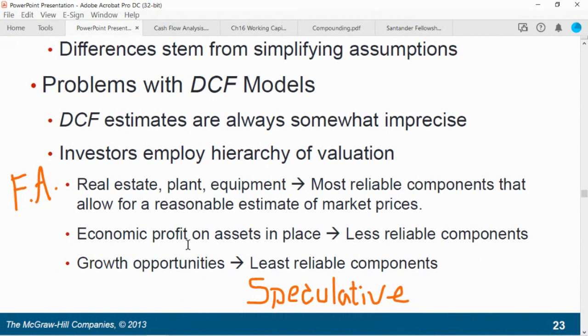It's the least reliable component, and it's the most speculative component, right? In the last class, or probably the one before the last, we spent a fair amount of time, right?